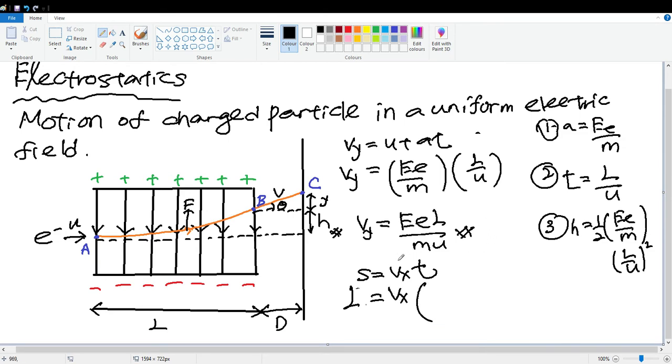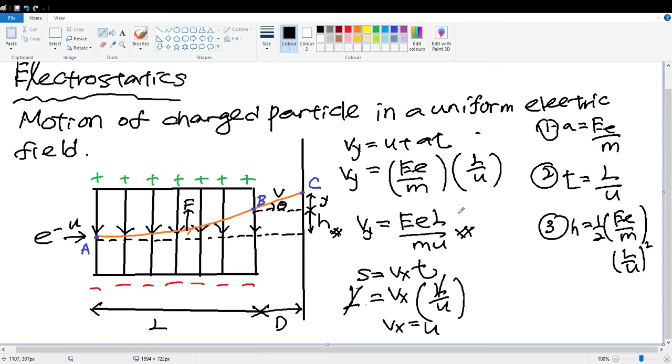The time taken for the electron to move from A to B is actually L over u. So L can be cancelled, and hence what I get for the horizontal velocity is actually u. Yeah, this is the horizontal velocity.